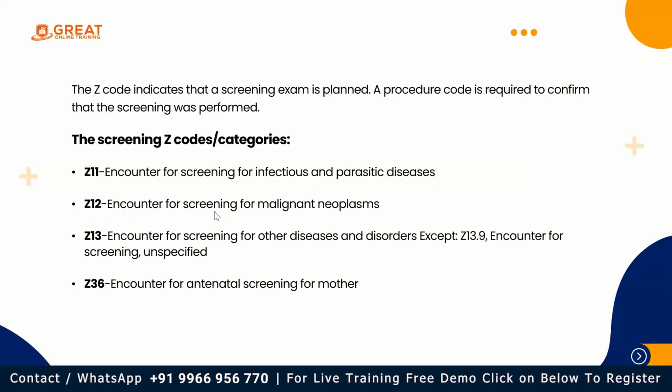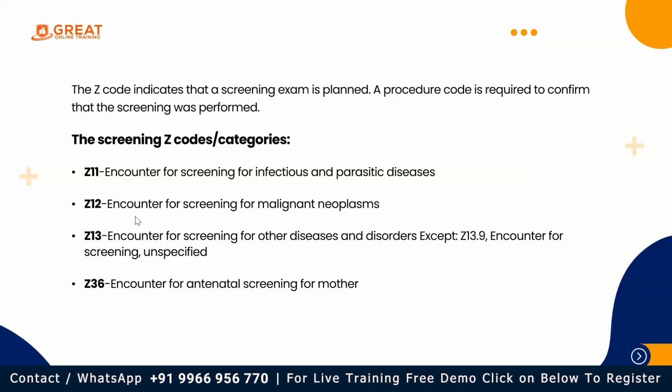Z12 is for encounter for screening for malignant neoplasm. Z13 is for encounter for screening for other diseases and disorders, except Z13.9, which is for encounter for screening, unspecified. And Z36 is for encounter for antenatal screening.